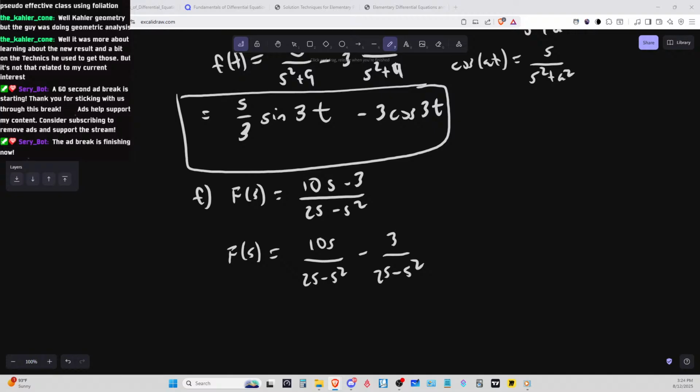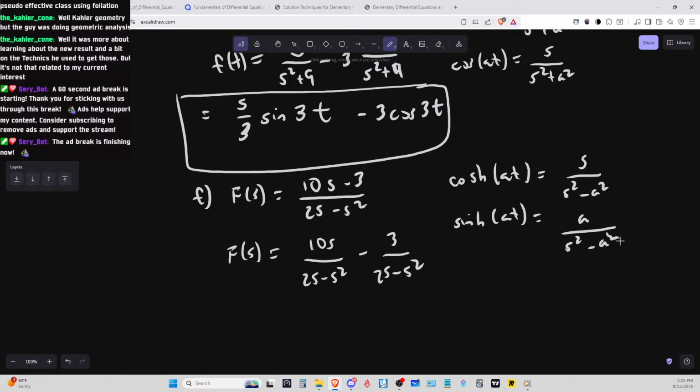For some reason, this one is like this, and this one is like this. However, we have the s term as a negative in this case.